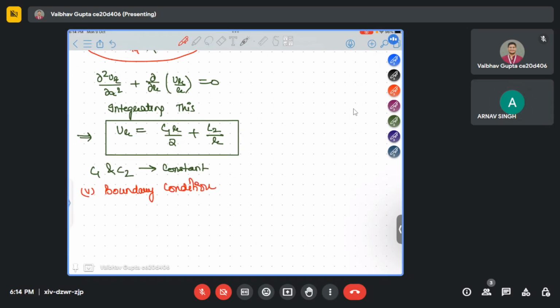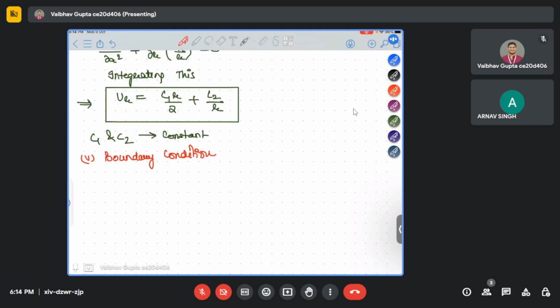In the lecture notes, you will see that it is solved for the internal pressure and it is assumed that external pressure is 0. But today I'll give you the generic formula in which external pressure is also applied. If the other case comes where external pressure is 0, you can directly put P naught equal to 0 and you will get the same formula. Got it? So the boundary condition for that will be equal to, one second.